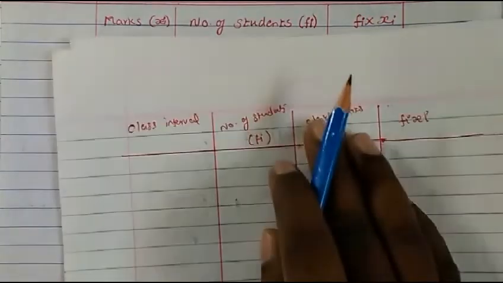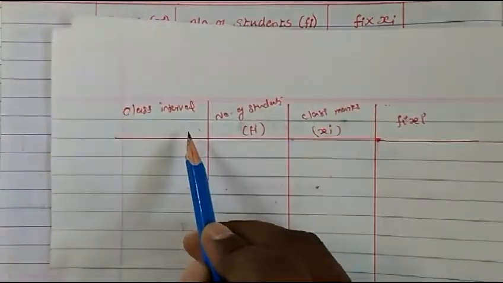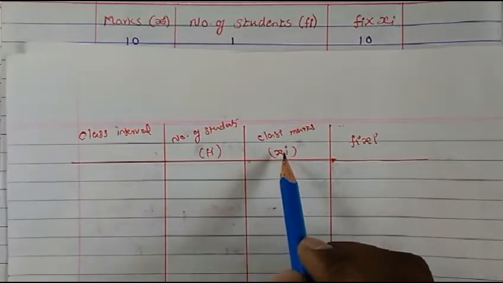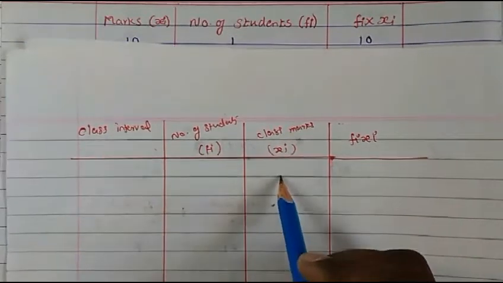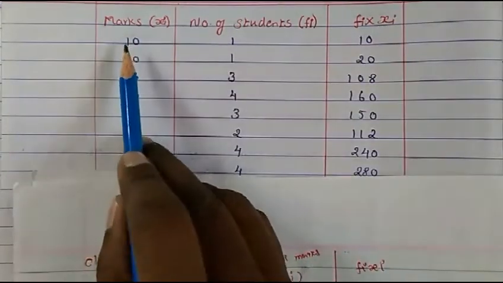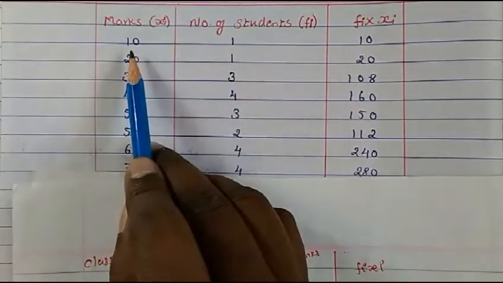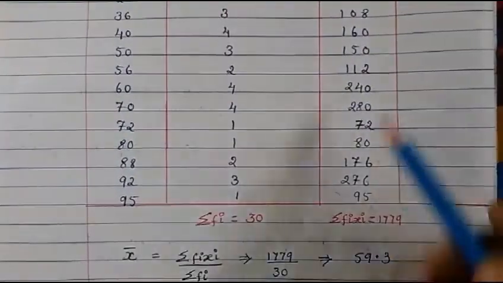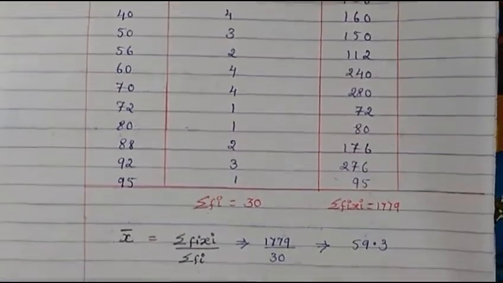Then we write the class interval, then the number of students, then we find the class mark, that is the average, and then we multiply. Earlier we wrote the marks of the student, how many got that many marks, multiplied, totaled, and then found the average, right?